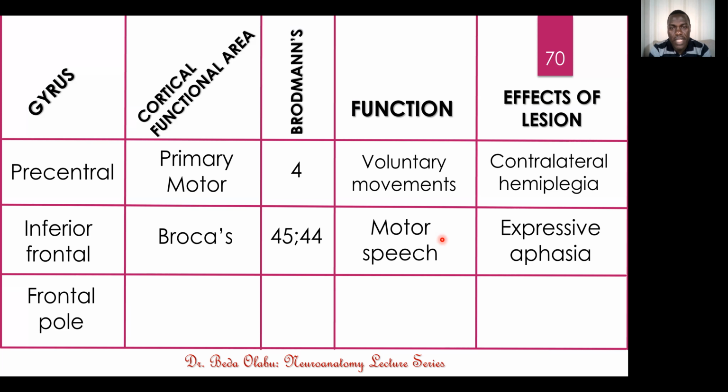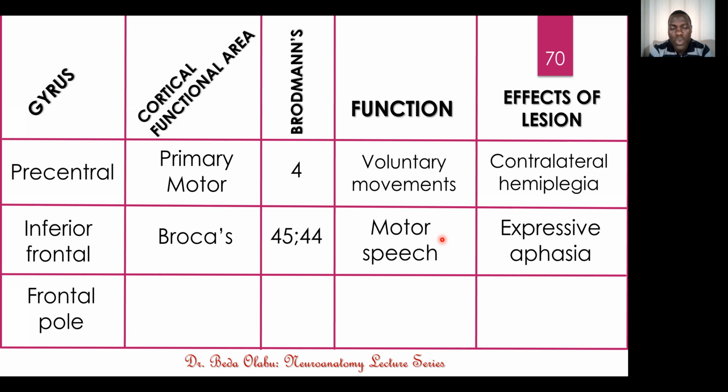Now you need to understand that speech has multiple aspects. There's the talking part of speech, which we call motor speech. There is the hearing part of speech, which we call auditory speech. And there is the understanding part of speech, which we call sensory speech.